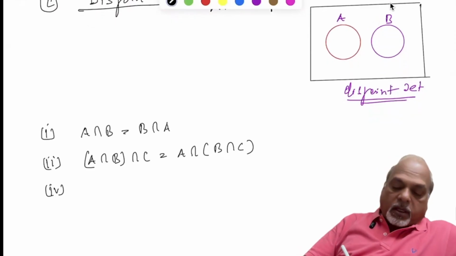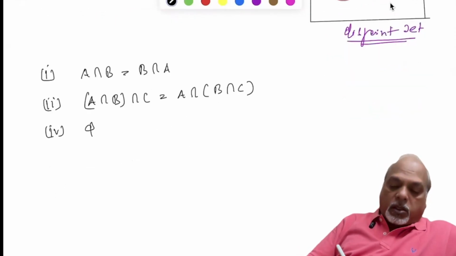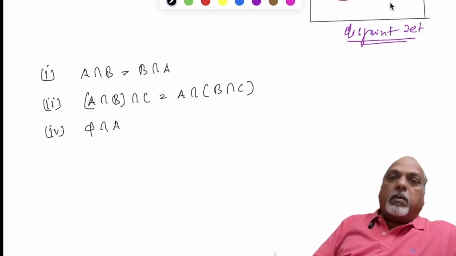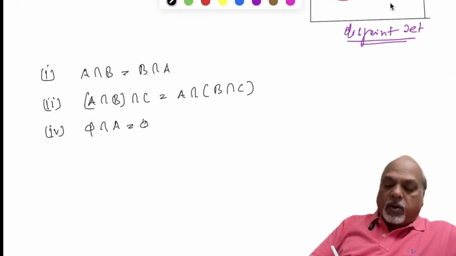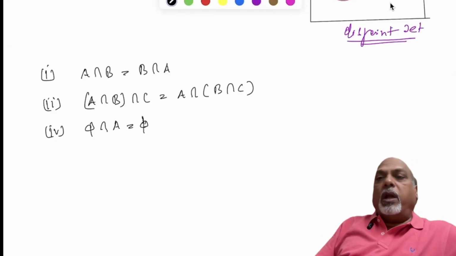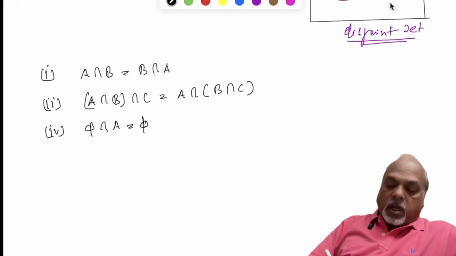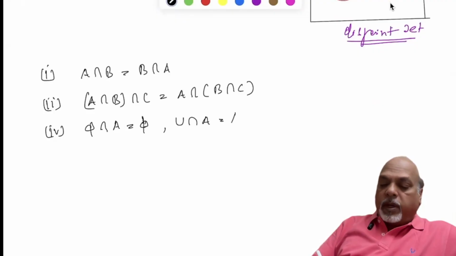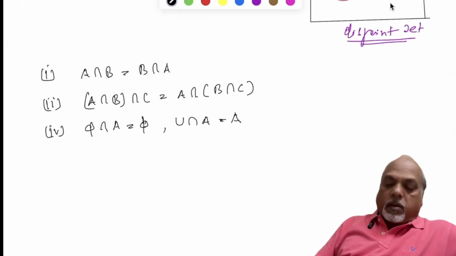Then phi intersection of A will be what? Phi only, because phi has got no element. That means phi intersection of A has got no element. And universal set intersection of A will be A, correct?